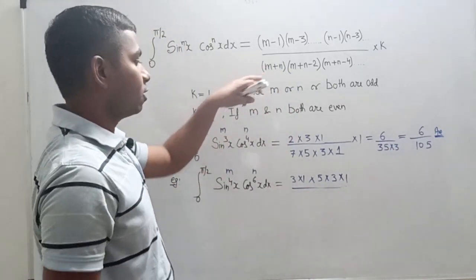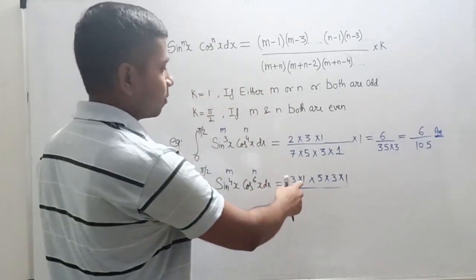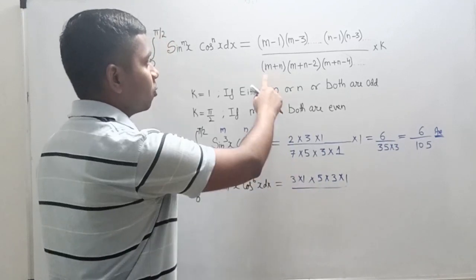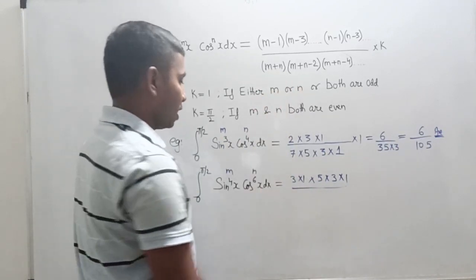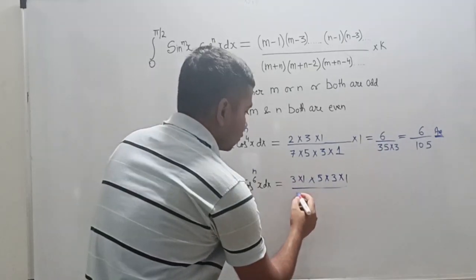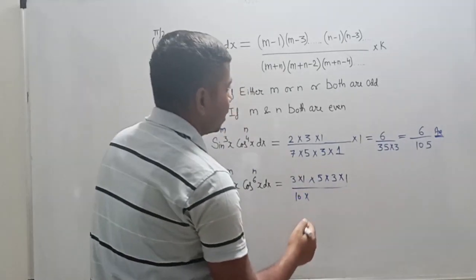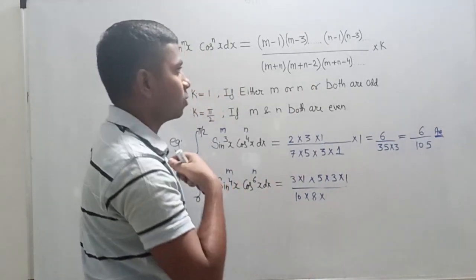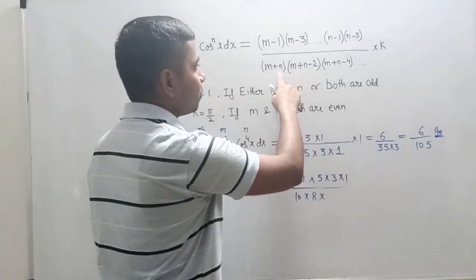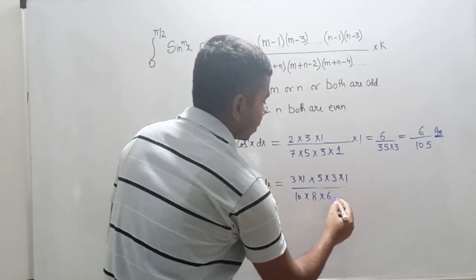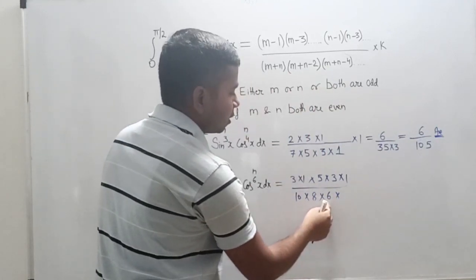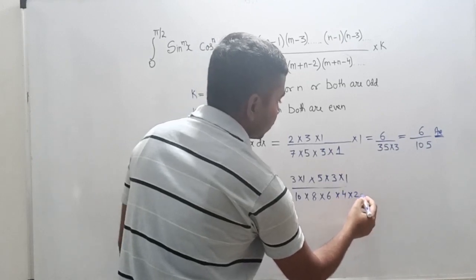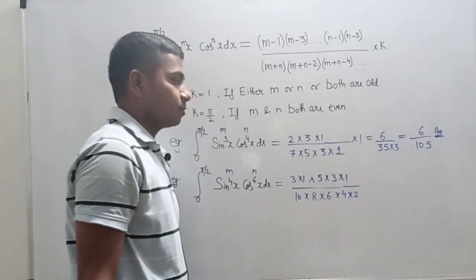In the numerator we have written all the values of m and n minus the odd numbers, and in the denominator we add the numbers, like m plus n. So 6 plus 4, 10, into 10 minus 2, that is 8, then again 10 minus 4, that is equal to 6, or we can subtract directly 2 from here, so the next value will come 4, then the next value will come 2, like this.